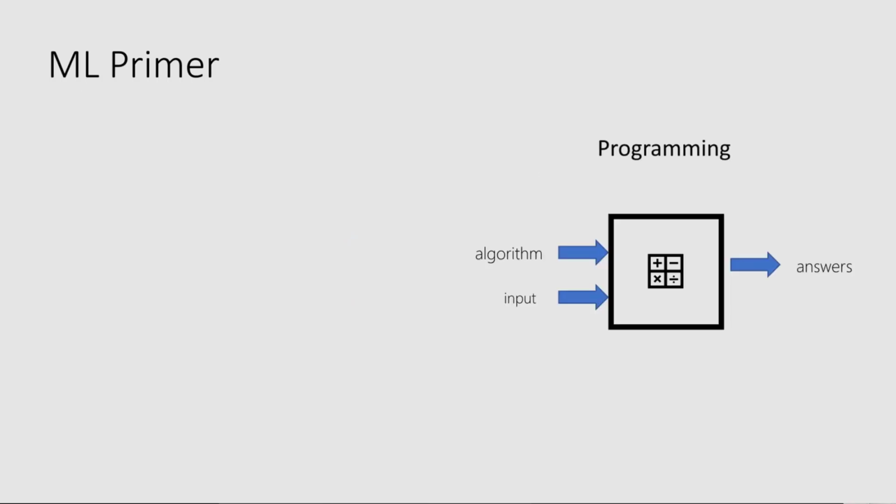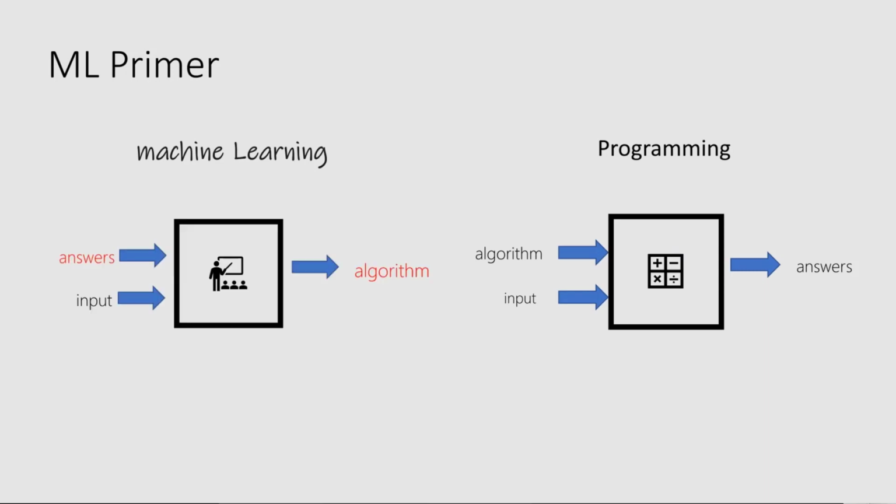So as a machine learning primer, programming on the right, machine learning on the left, where you have your answers, input, and algorithm. In machine learning world, we call that training data. And then, of course, you need the training framework in order to generate the model for you. And then, of course, a lot of us here are developers.